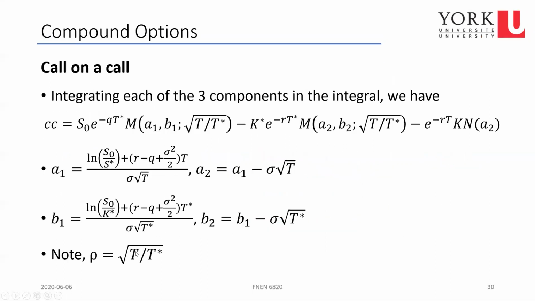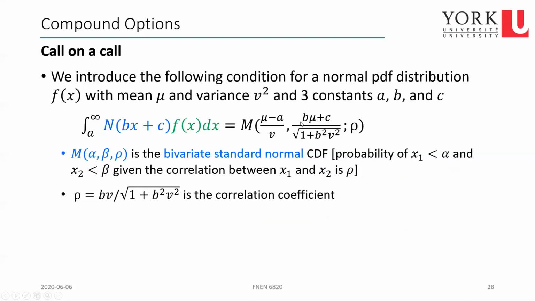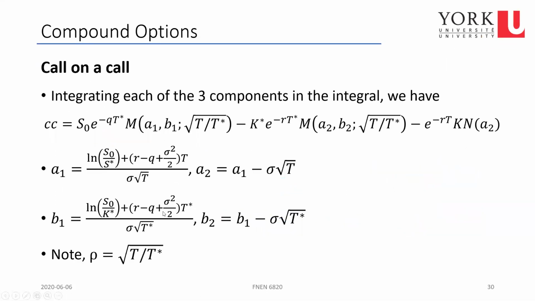Once you apply that, alpha, which is in here, A1 is equal to this thing, A2 is equal to that. B1, which is beta in this thing here, you will get this expression for B1, and B2 will be this expression here. And this is rho, the square root of t divided by t star.